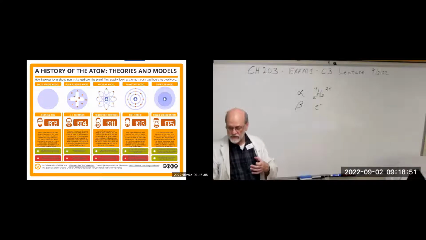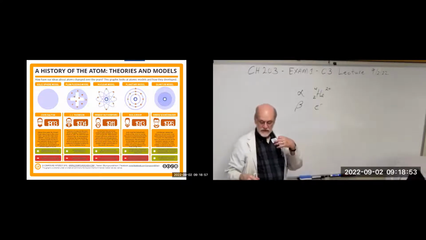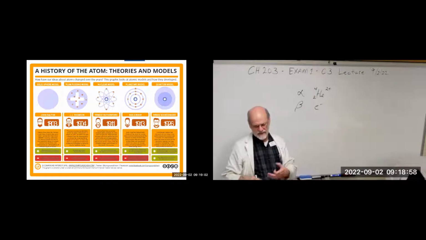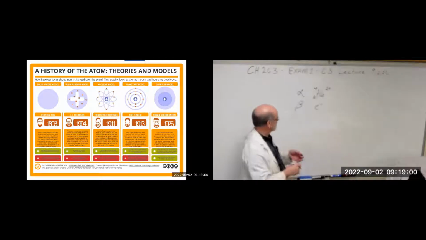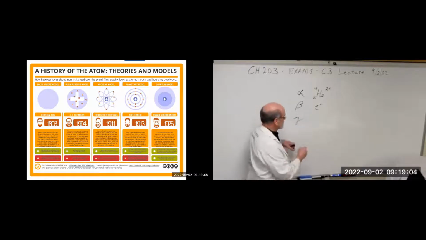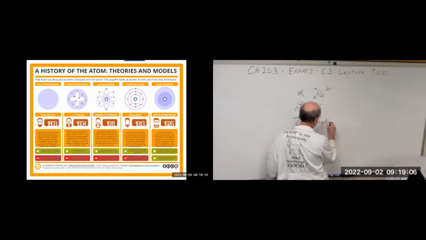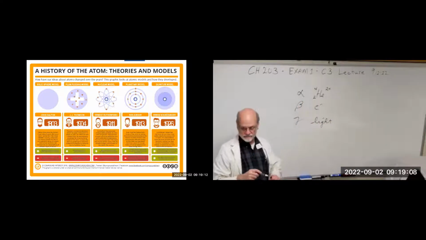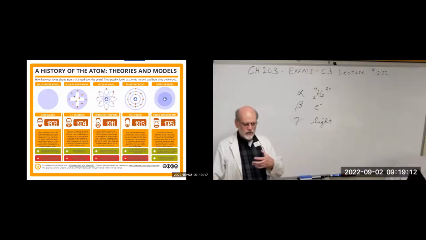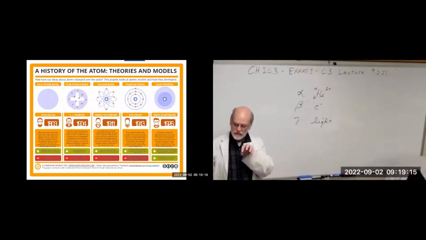And they knew they were coming from the nucleus because of the consequences of radioactive decay. That's in a nutshell. And then there was gamma radiation, which was essentially high energy light.